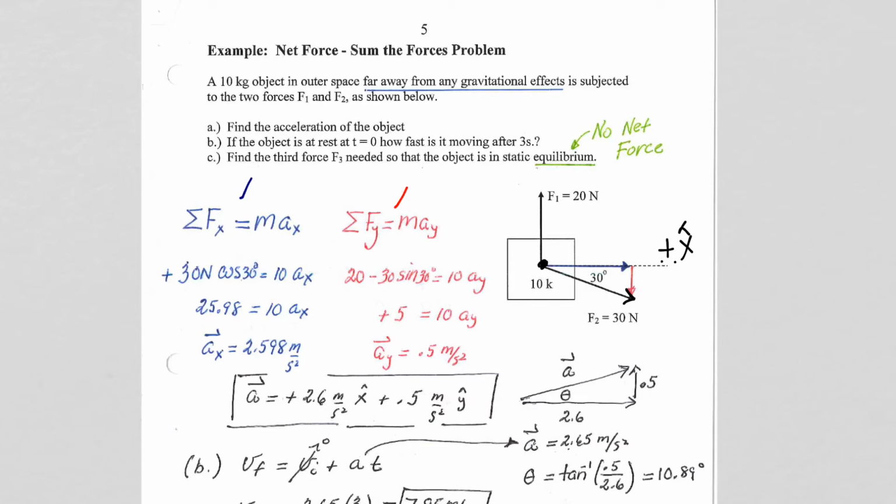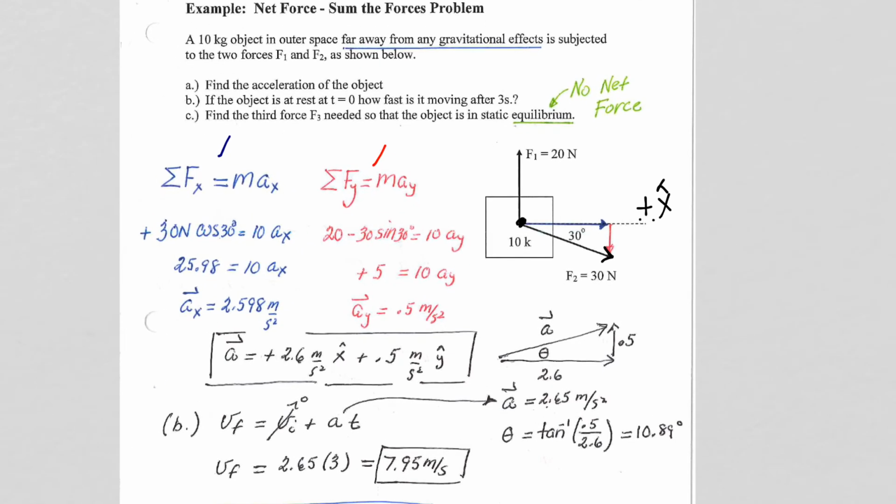And if we look at taking only the x's and y's, I'm going to take this F2 at 30 newtons, and typically I will always try to get my vectors off of diagonals, out of the quadrants and onto axes as quickly as possible if I need to do an analysis, and see that there is only this blue force F2 in the x direction going to the right, and then there's this red force F2 in the y direction going straight down.